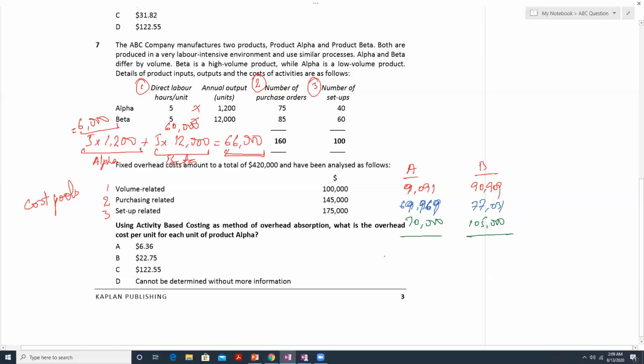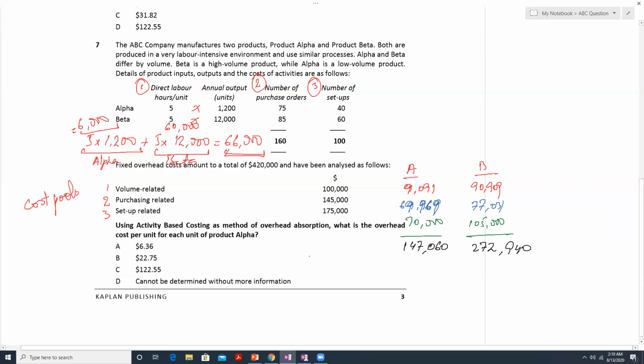The total for alpha will be 147,060 and the total for beta will be 272,940. Okay.